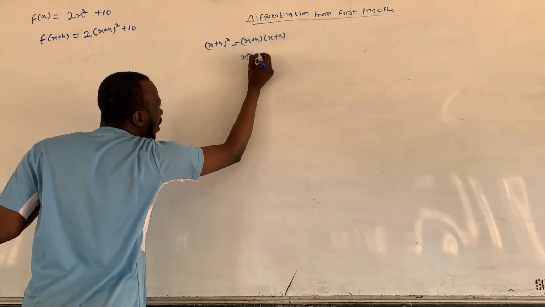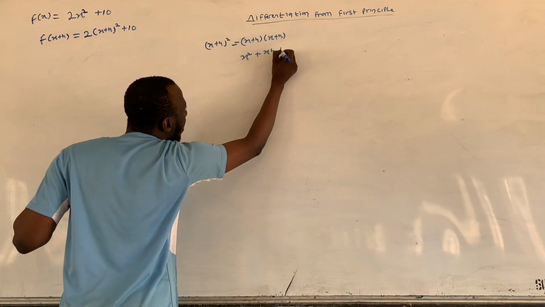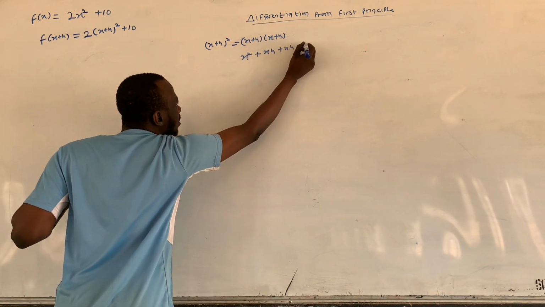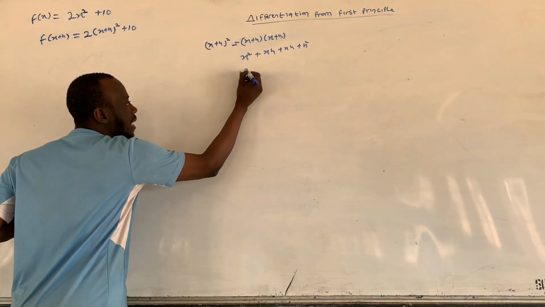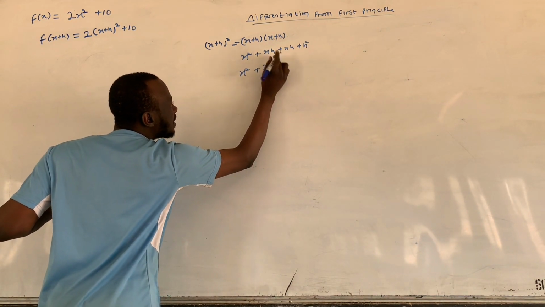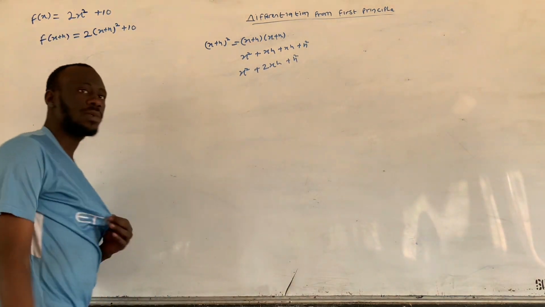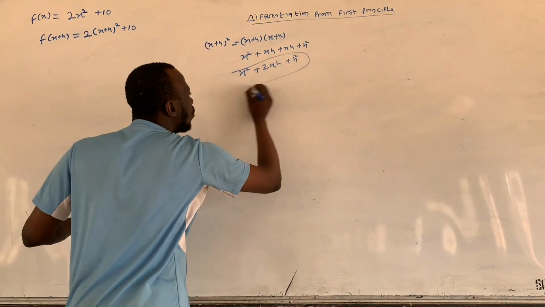X times h gives plus xh. H times x gives again xh. These two add up to 2xh since they are the same, plus h squared. So now this is equivalent to this.